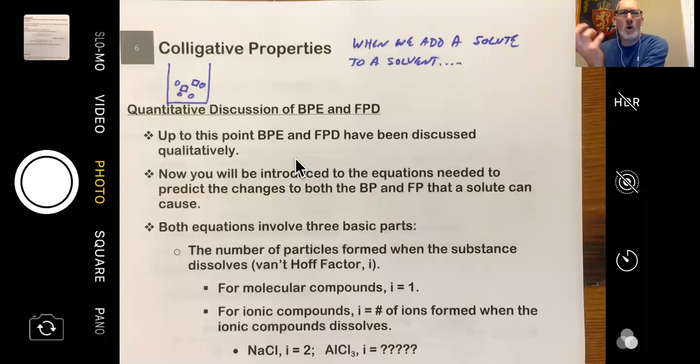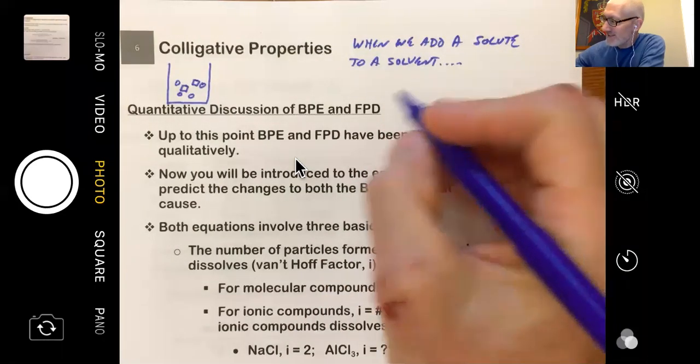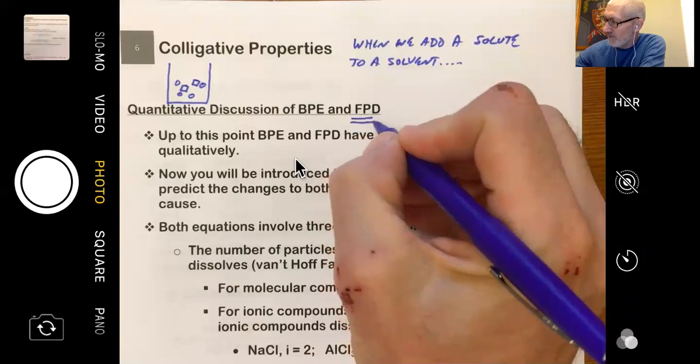For those water molecules to form solid ice, they usually just have to get down to 0 degrees Celsius and they form ice. Now you've got this thing in the way, so it's a little bit harder for the ice to form. And since it's harder, we actually have to cool it down even more. And that is the essence of freezing point depression.